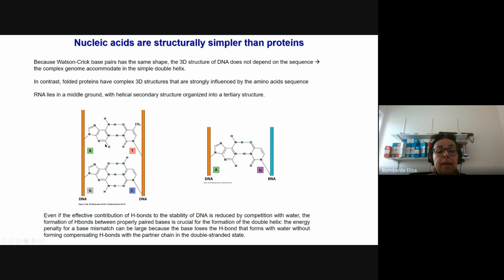And as you see, an adenine can face only a thymine, and the guanine only a cytosine. So the molecules are complementary in that way.